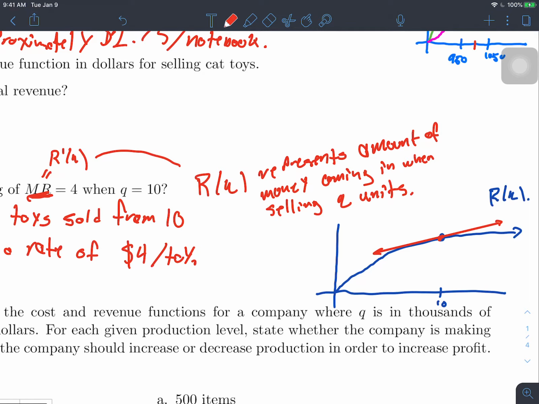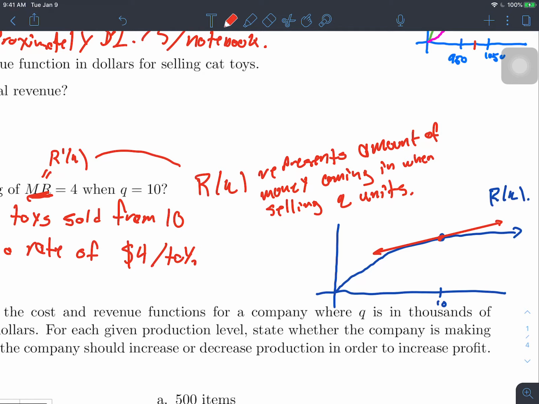So, at different points, the marginal revenue might be different, right? If we're producing 100 cat toys, maybe our marginal revenue is negative. If our marginal revenue would be negative, then producing more toys would somehow magically result in less revenue.